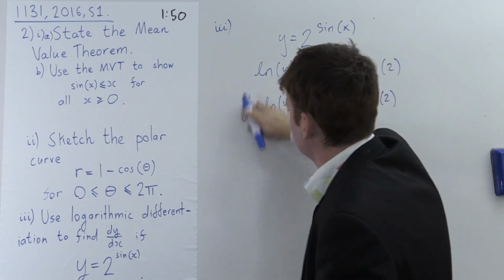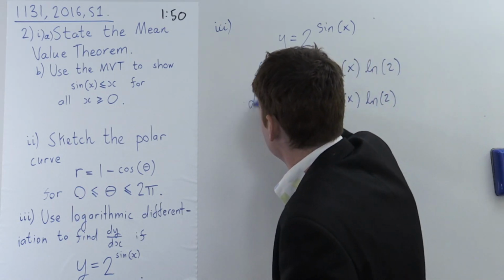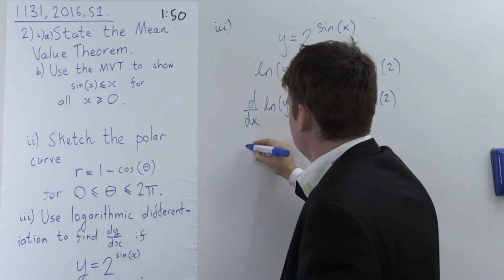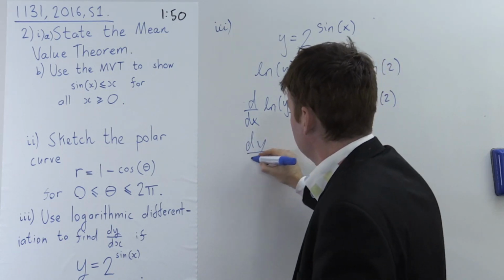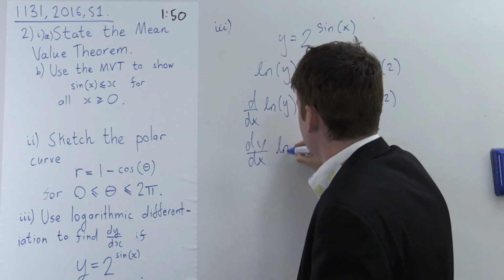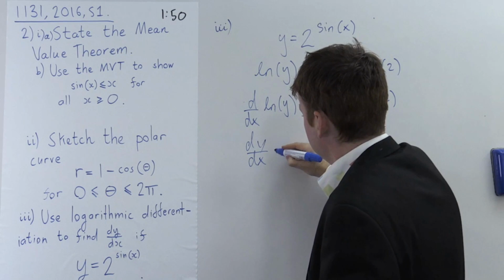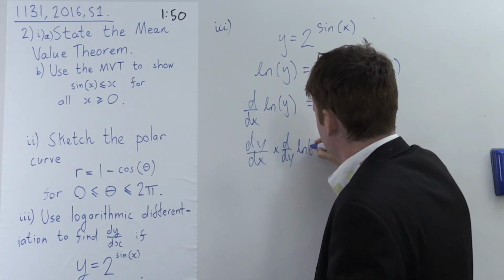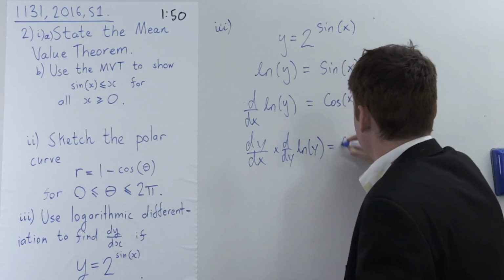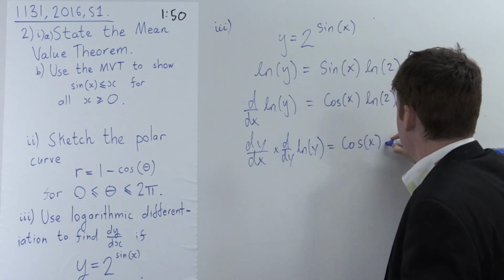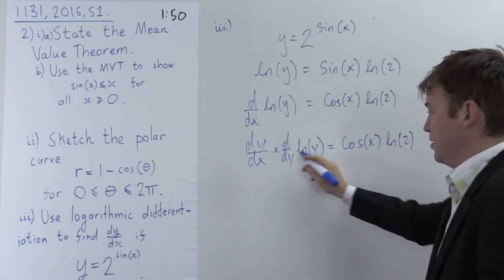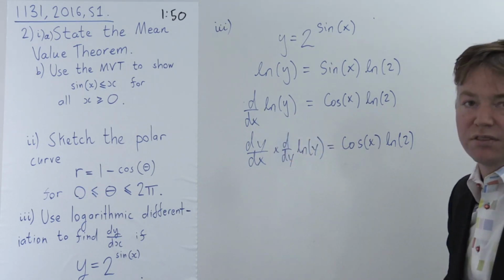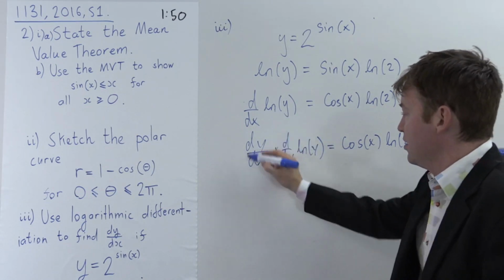So really I should be writing, instead of, I'll keep it as d/dx. But this is equal to dy/dx times ln times d/dy, which is still equal to cos x. I mean, this is just rewriting the left-hand side with the chain rule. This is what I wanted.